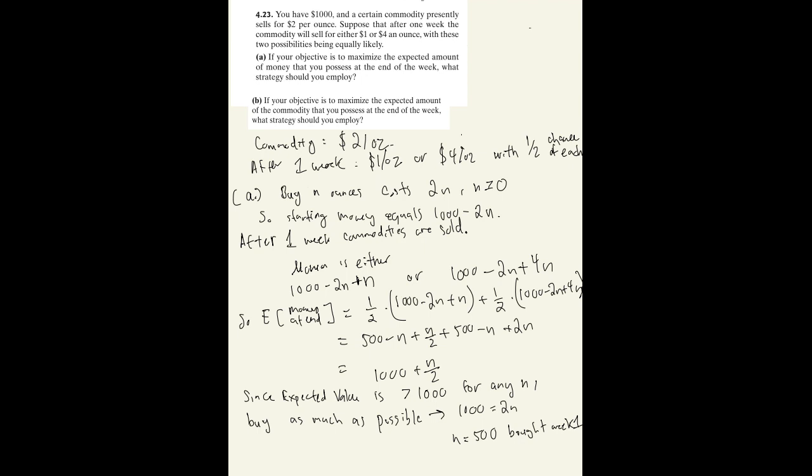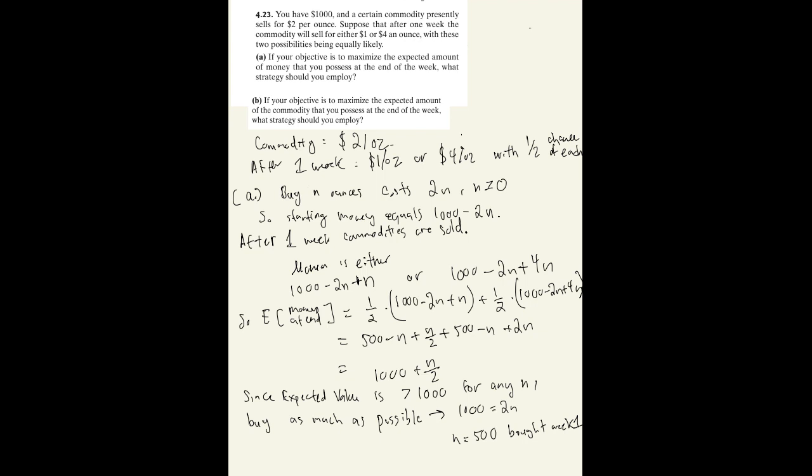So at the end we get 1,000 plus n over 2, where n is the number of commodity we bought, which is an increasing function as long as n is positive. So to maximize your money earned, you just buy as much as possible. So 1,000 divided by 2 is 500, so that would maximize your money.